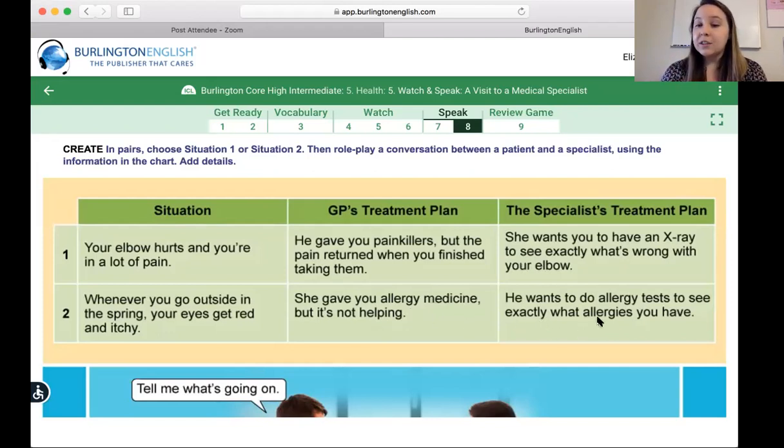The specialist wants to do some allergy tests to see exactly what allergies you have. So if you choose number 2, your dialogue is going to look a little bit different. You're going to be talking about allergies. So to practice, look at some of the words that we've gone over, listen to the video again, and I want you to write your own dialogue about this.